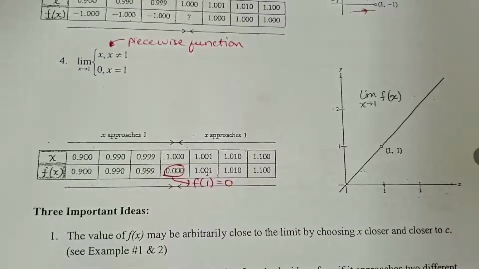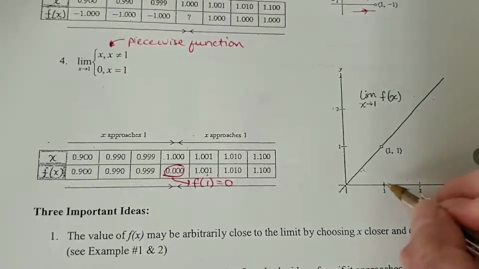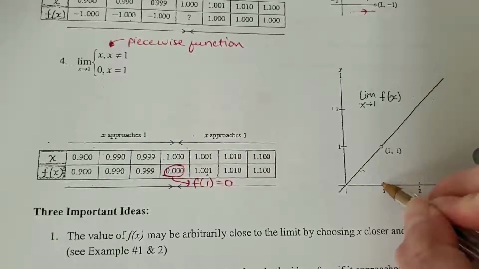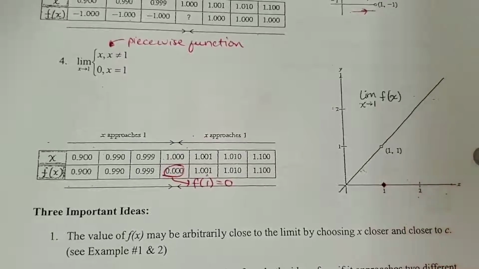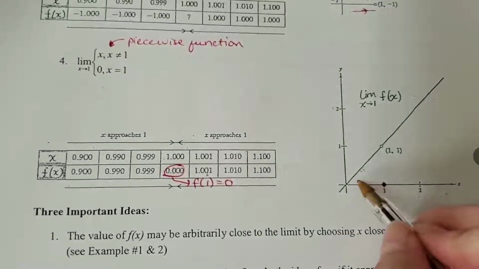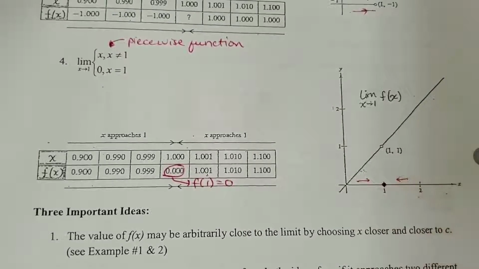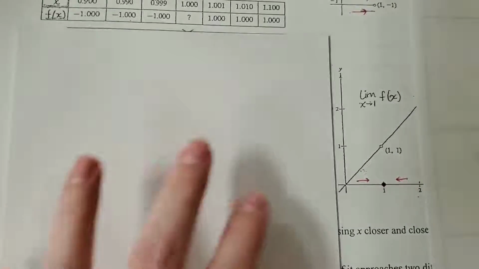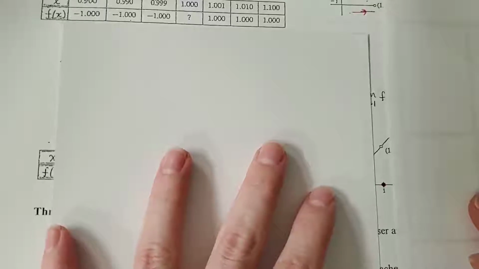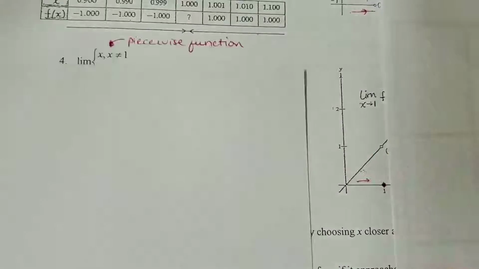My value is 0. But my limit looks like it's approaching a different number. It has a different intended height. On your graph, and this probably didn't copy very well, so make sure that you see this, there's supposed to be a filled in circle at the point (1, 0) that represents that value, okay? So as we're getting closer and closer to 1 from the left and the right, again, we see that the line is getting closer and closer to a height of 1, okay?